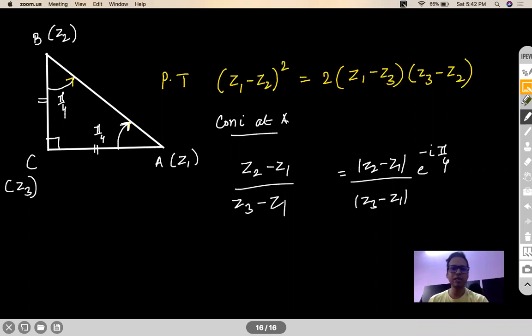One small thing to add: if this is x, then this is root 2x. So mod(Z2 minus Z1) by mod(Z3 minus Z1) is root 2x by x. That gives root 2 e to the power minus i pi by 4. Let's call this 1.